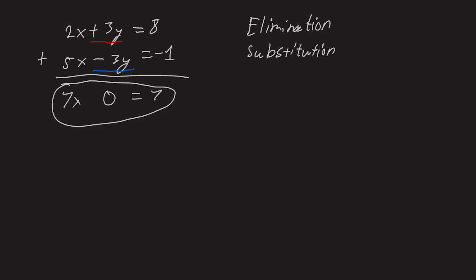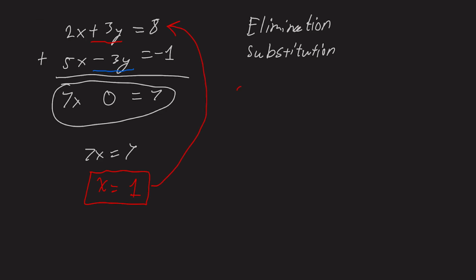I am left with 7x equals 7, and now it is very easy for me to solve for x. x equals 1. But what's important to consider is I'm not done yet. I have only found the x-coordinate in my system of equations. I need to take this x-coordinate and plug it back into one of my two equations.